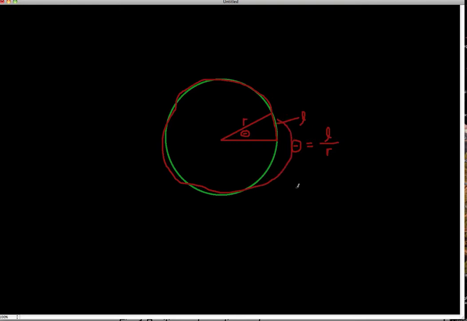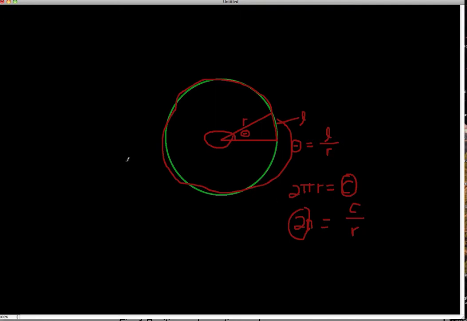You know that 2 pi R is equal to the circumference of the circle, call it C. So in that case, the arc length is the whole circle, the circumference, and the angle is then this arc length divided by R, or in other words, 2 pi is equal to the circumference divided by R. So the angle of the entire circle is 2 pi.